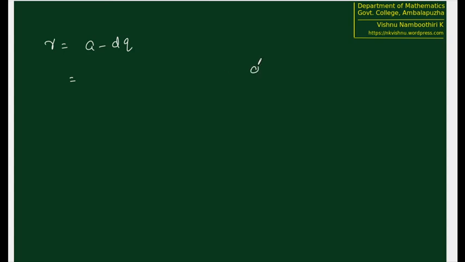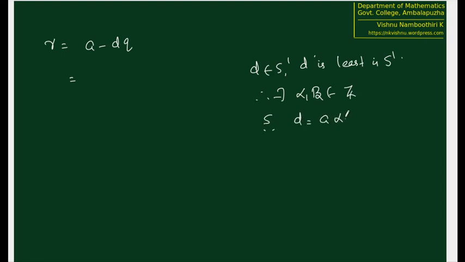Now D belongs to S prime. D is least in S prime. Therefore, there exist alpha, beta in Z, because D is in S prime, such that D equals A alpha plus B beta, and this is greater than 0.